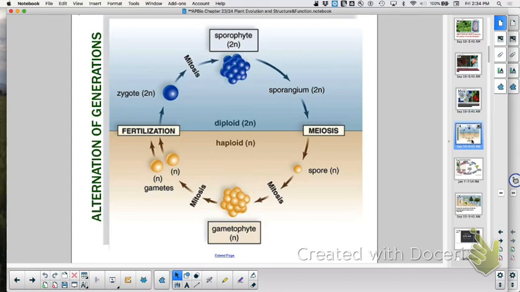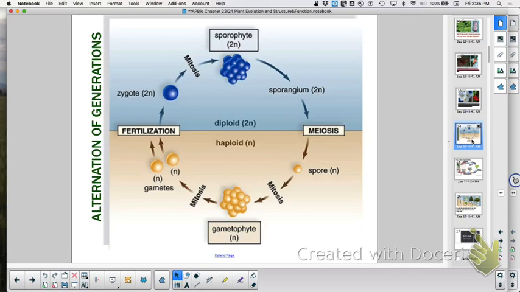In the most basic part of alternation of generations, in the evolutionarily advanced plants on land, the sporophyte, the diploid, is the large structural plant, and the gametophyte is greatly reduced and lives within the sporophyte.